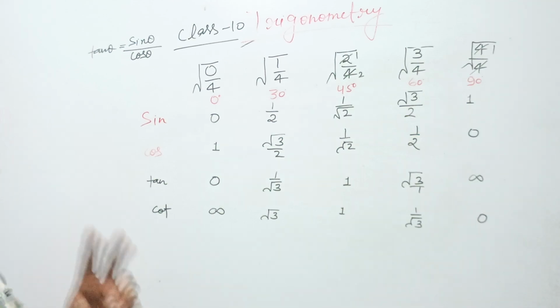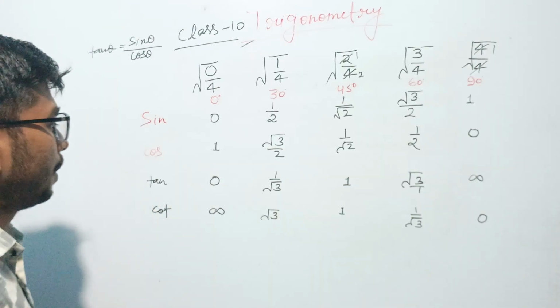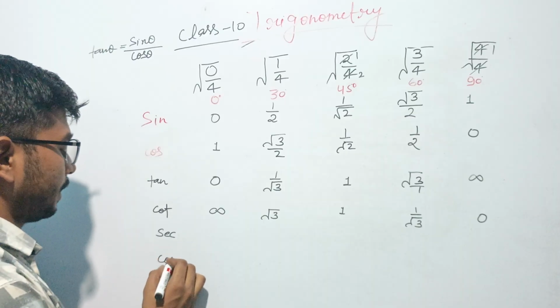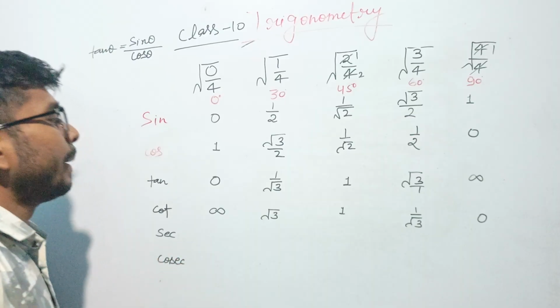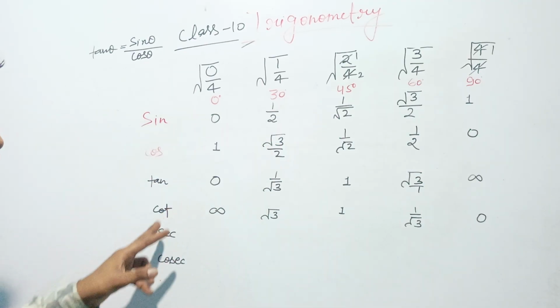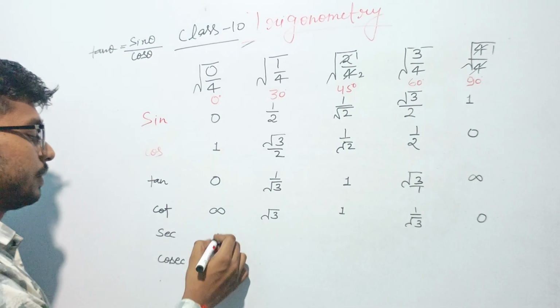Now the other two functions are remaining: sec and cosec. I told you sec is reciprocal of cos. So let's take the reciprocal of all the values of cos to get the value of sec. Reciprocal of 1 is 1.